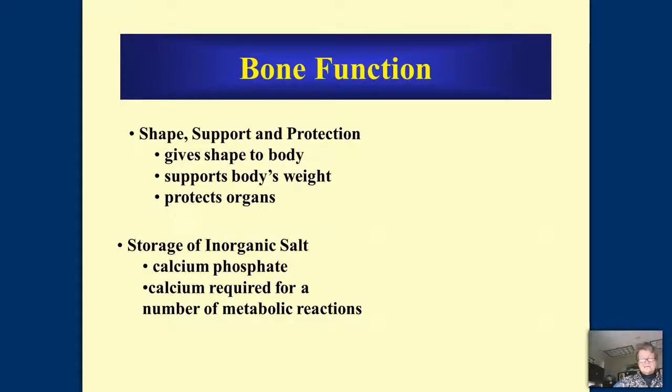You need calcium for blood clotting, nerve impulses, muscle contractions, and many other metabolic processes. So your body stores calcium in the bone, calcium phosphate. Other inorganic salts that are needed by the body that are stored in the bone are phosphates, magnesium, sodium, potassium.